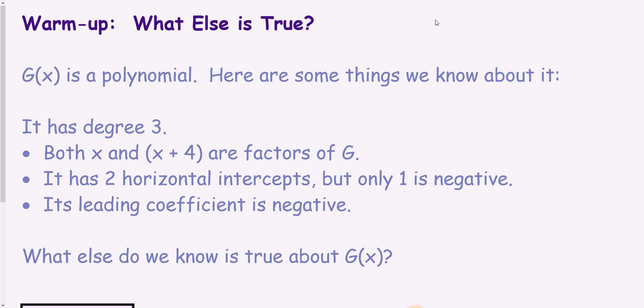Hmm, could we use that to figure out some different properties of G and maybe sketch what a graph might look like? Well, let's see. If it has degree 3 and we have two of the factors, then we can figure out what the third factor could potentially be. Okay, so let's draw a graph.